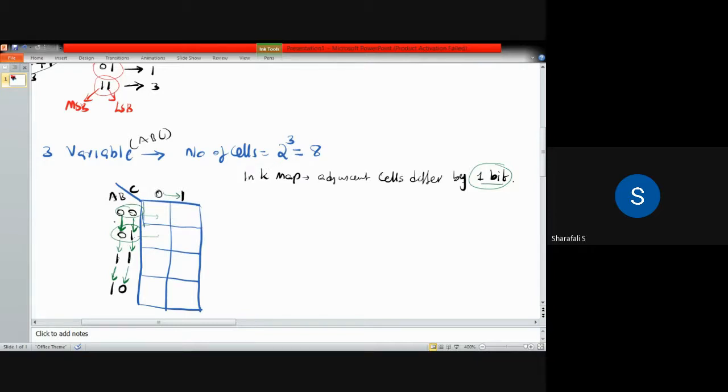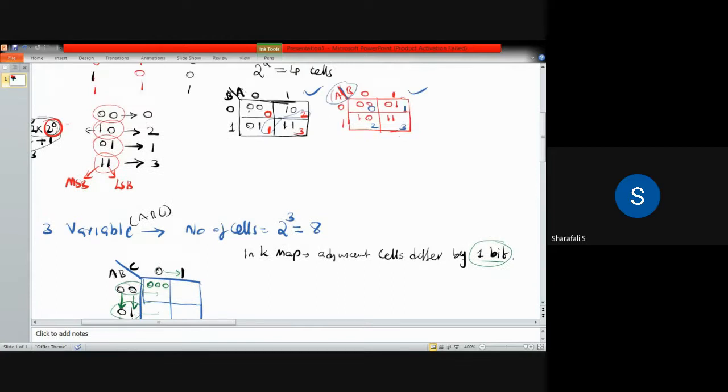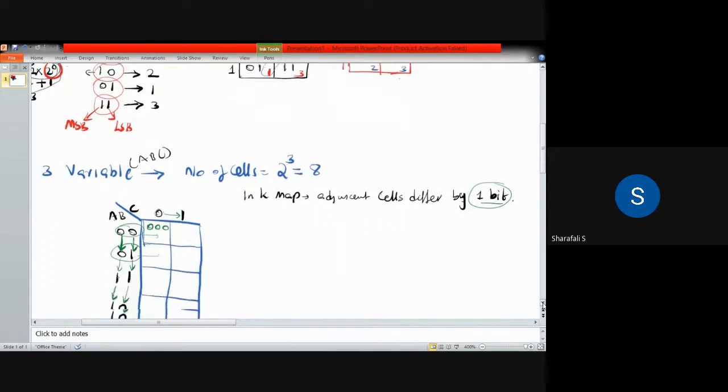Here I am writing ABC. Previously in 2-bit I wrote AB. Here I have to write the ABC value.